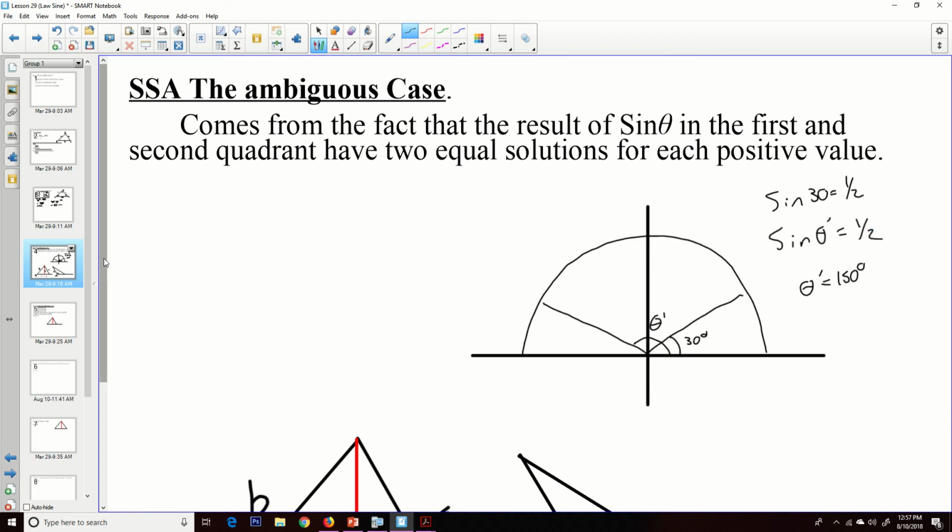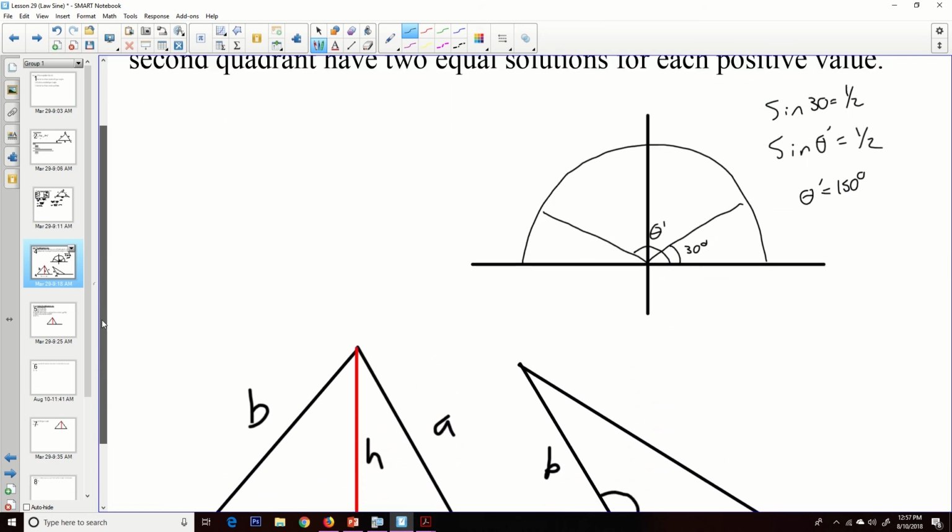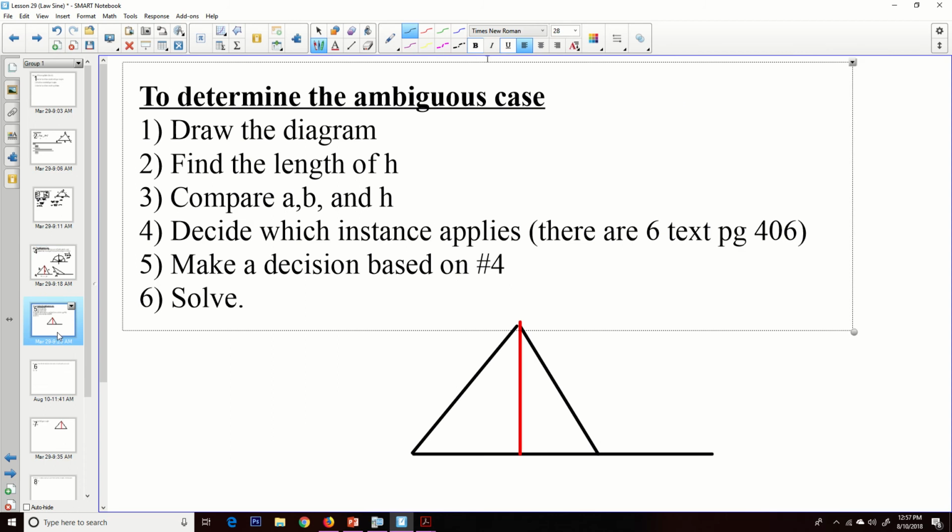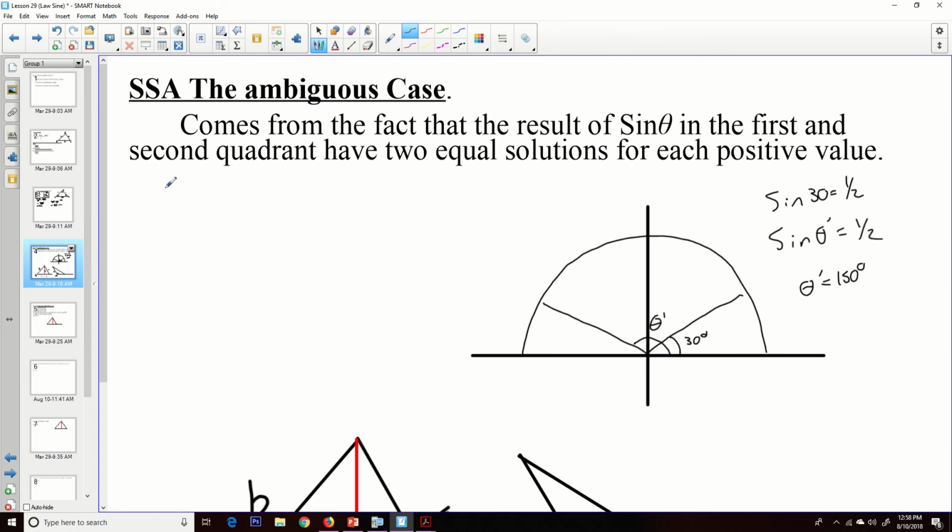Now that doesn't mean that we're always going to have two possible solutions, but there are some instances in which there are. There are actually 6 different instances, and I can't possibly do a better job than the textbook, so you're going to have to crack open your book and look at page 406 to see all of the possible cases.